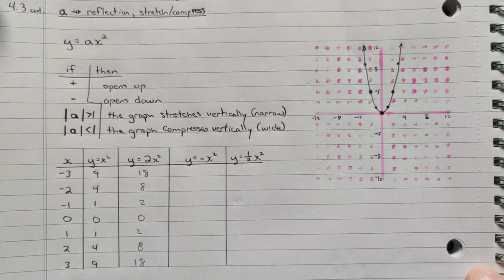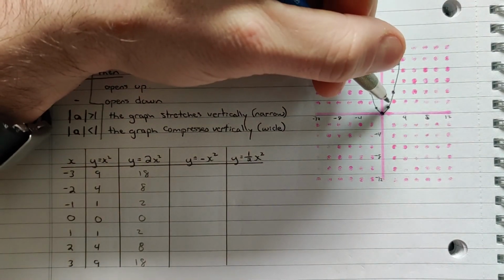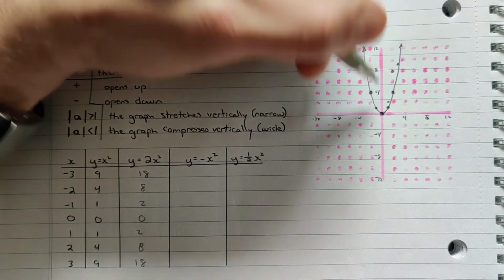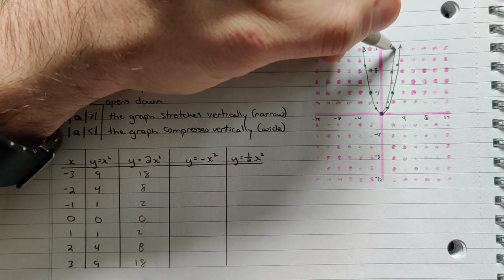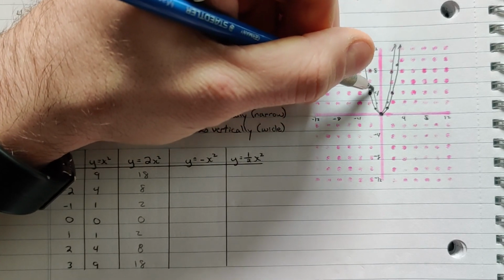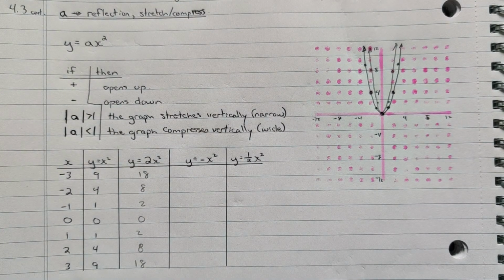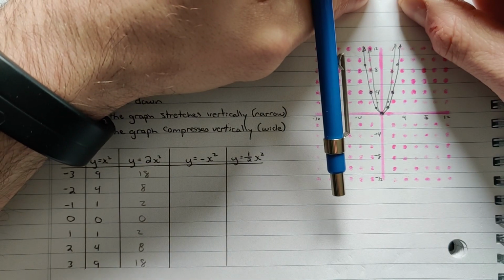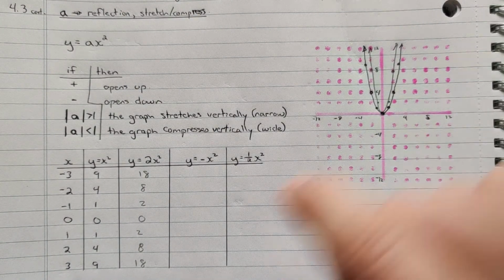If I plot those now, the vertex doesn't move, and each one of these is just doubled in position. I can't fit those 3 values on there, but we've now narrowed or stretched out that graph. It's like grabbing these and pulling them up taller, and as you pull it up taller, it's going to get narrower. And I will show you that with a piece of string in a moment.